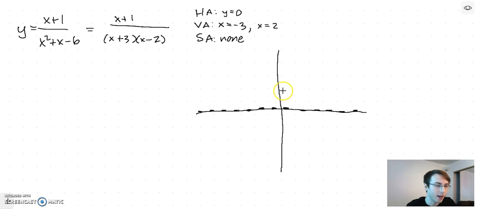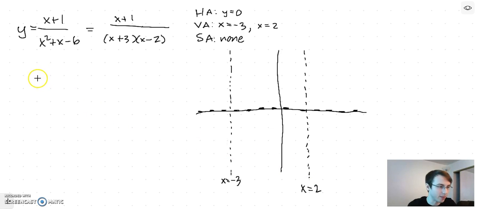Alright, got that. And vertical asymptotes. We've got one at x equals negative 3, which we can put here, and one at x equals 2, right here.